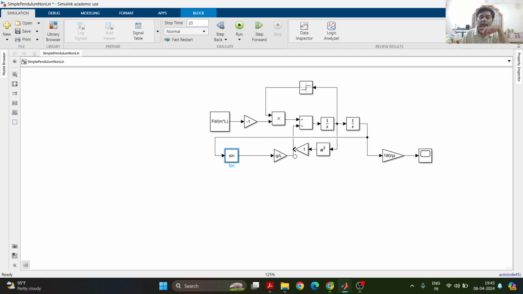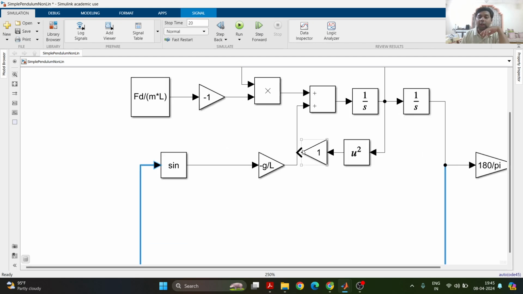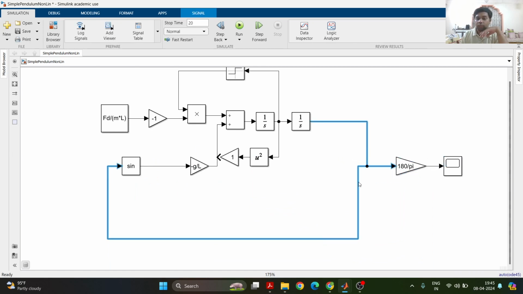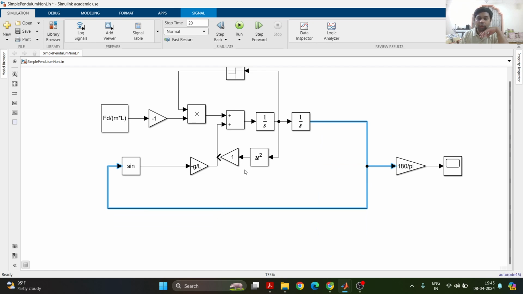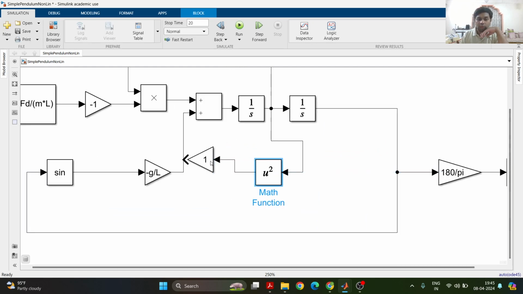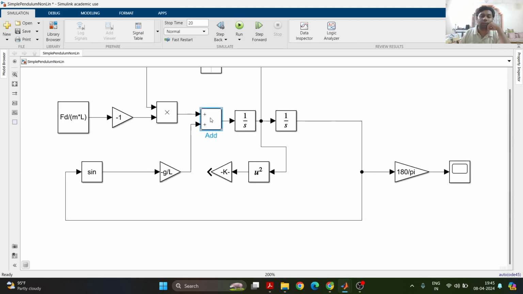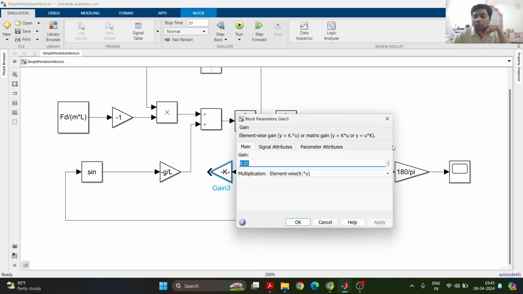But let us say we take some trial values for the constant for the viscous drag force. Let us say it is 0.01, and it's again minus.